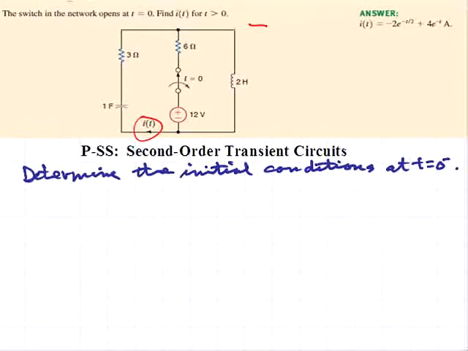We'll assume that steady state prevails, therefore there will be no voltage across the inductor, and the inductor will look like a short circuit under that condition, and the capacitance will look like an open circuit because of the steady state condition. No current will flow in it.